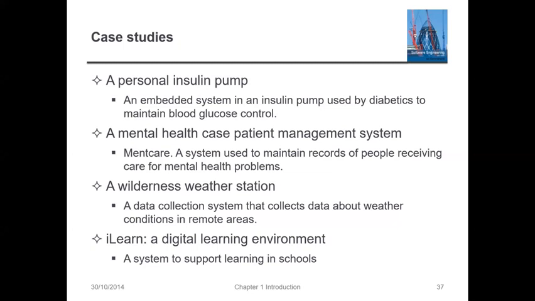Then, as I told you, the insulin pump management system, the safety home system, and the weather information system. This wilderness weather station is nothing but your weather information system. So now we will see only one case study.